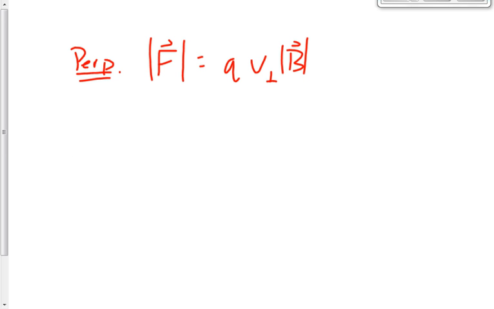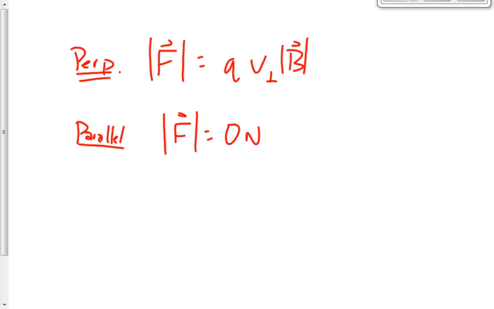If they're parallel, in other words, if the charged particle is going this way and the field is this way, or if the charged particle is going this way and the field is this way, what's the value of the force then? 0. There's no equation to use there. What hand rule do we use? Why would we do a hand rule if the force is 0?